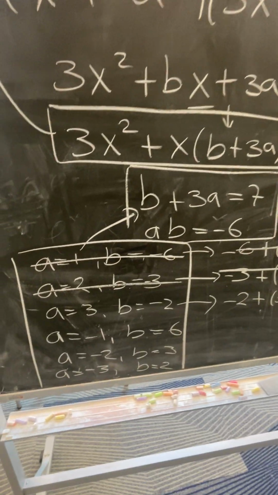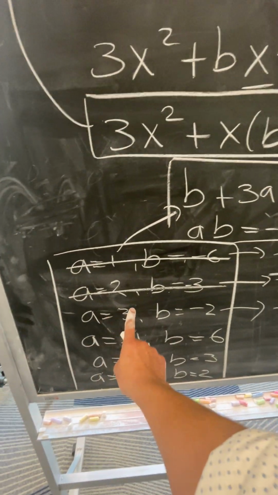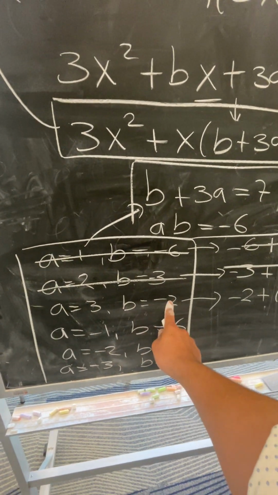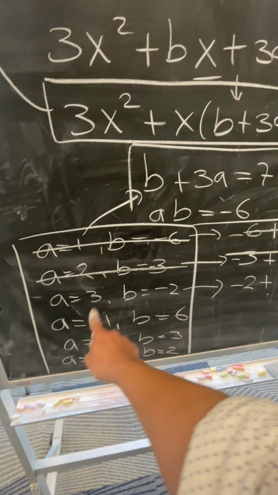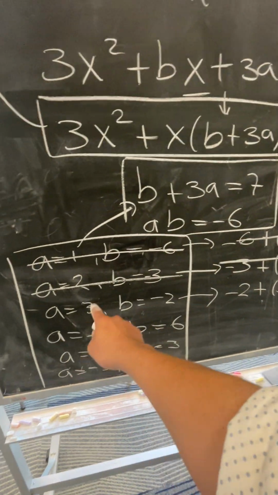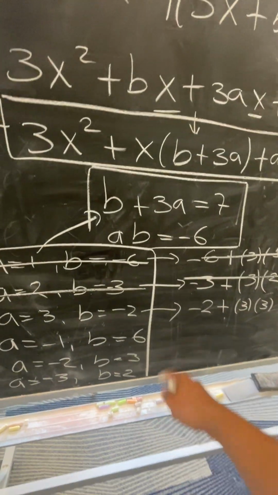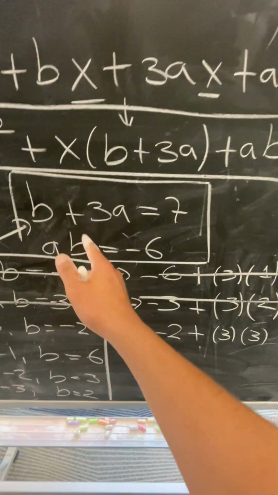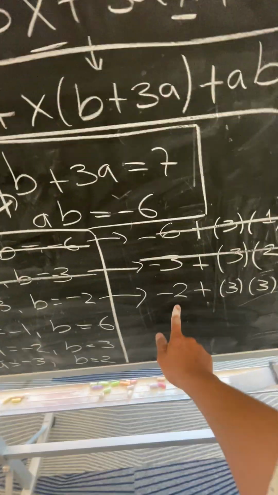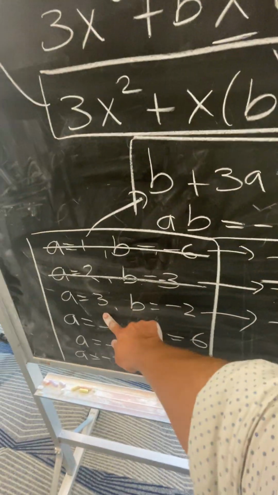Now let's try our third option. We have a equals 3 and b equals negative 2. If we multiply these two together, that gives us negative 6. Now let's put them in the top one, b plus 3a equals 7. We have b equals negative 2 and a equals 3.